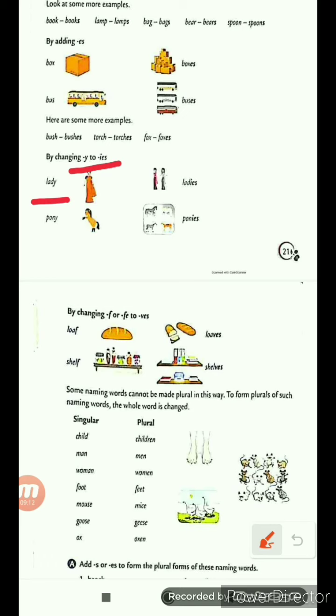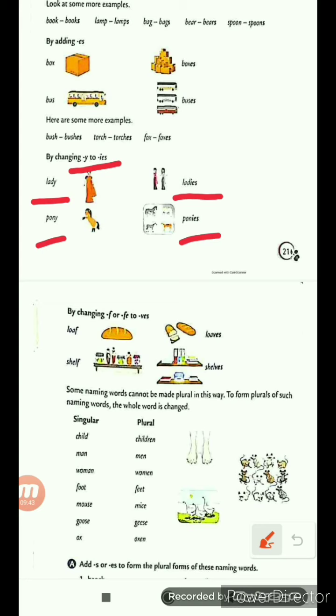When it is plural, more than one, we will remove y and write ies. That is ladies. Okay. See here pony. So more than one pony is there. What will we do? We will remove y and write ies. Ponies. Okay.